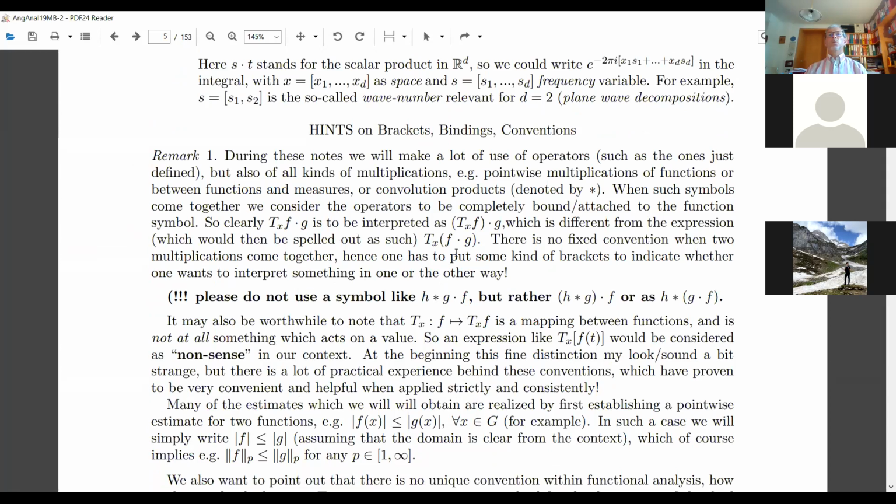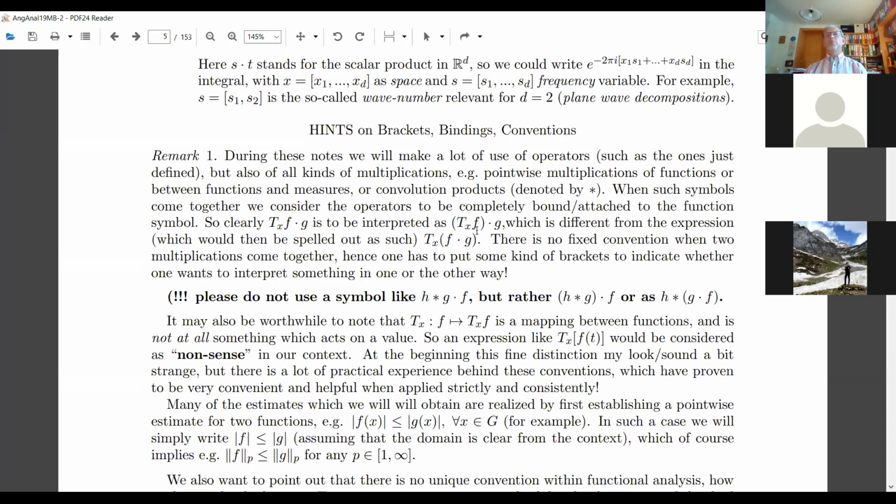When we mix operators with multiplication symbols, for example, if you see a chain of symbols like T_x F multiplied with G, you might be tempted to interpret it as, oh yes, f times g is the product function, like sine squared or so, and then you shift it. Or you're saying, no, the T_x is applying to the f, and then you're having a shifted sinus function multiplied with an unshifted sinus function.